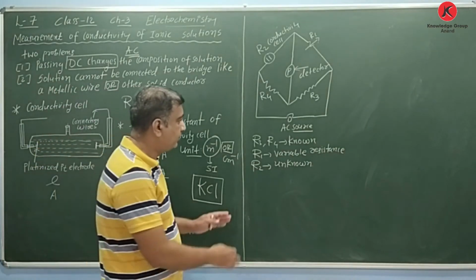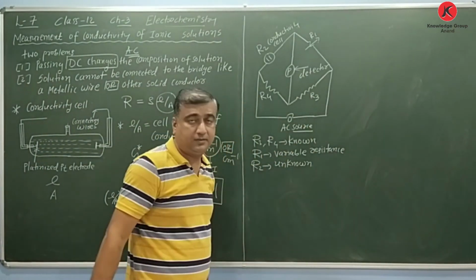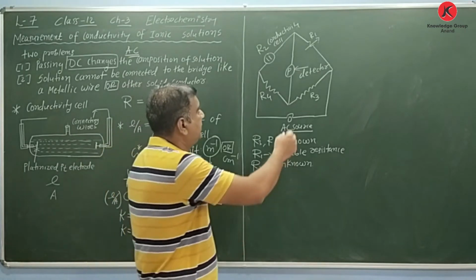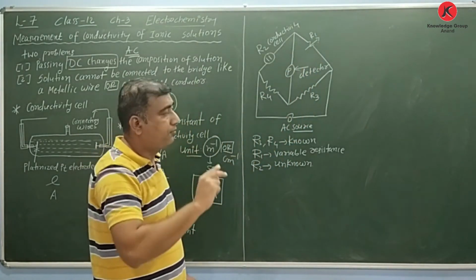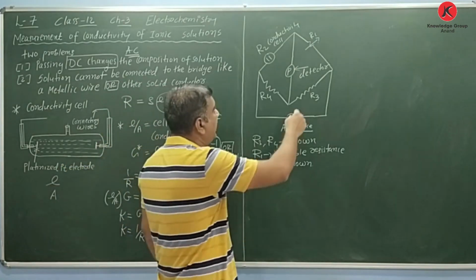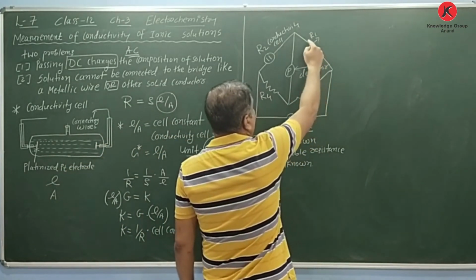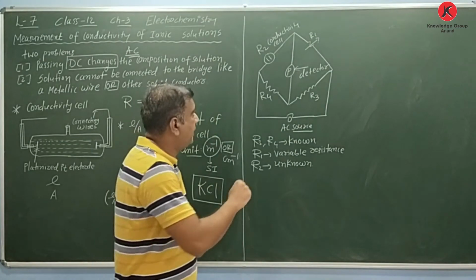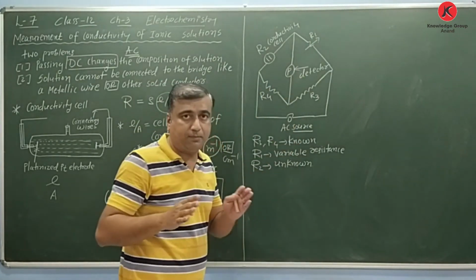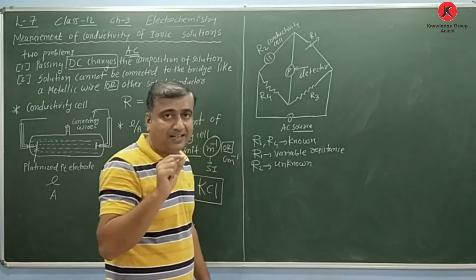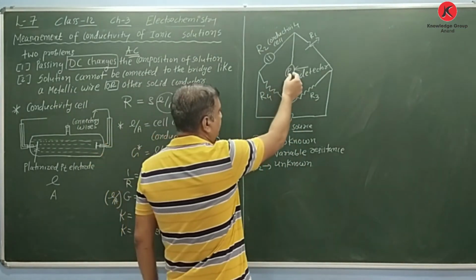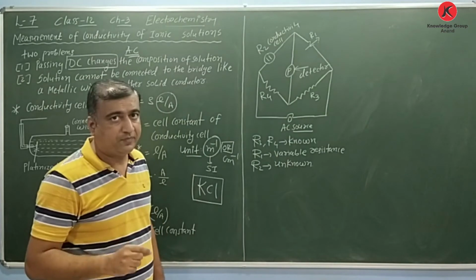Now we have to balance this bridge. That means R1 is the variable resistance, so by changing the value of R1 we have to balance this bridge. That means no current should pass through the detector.